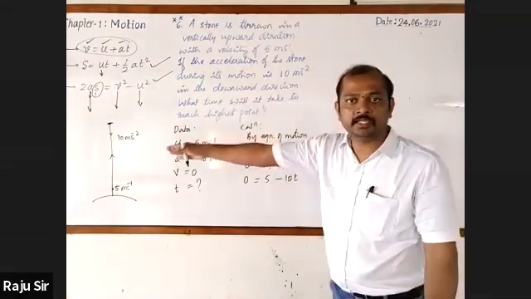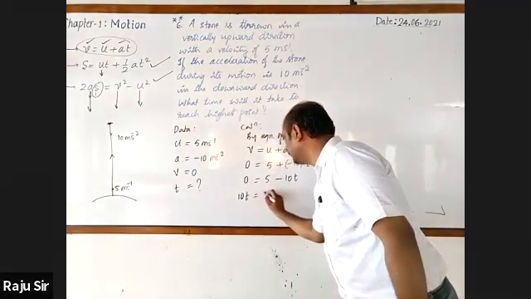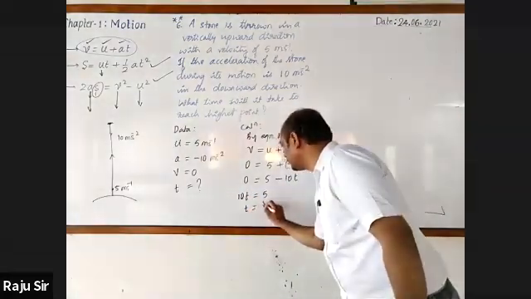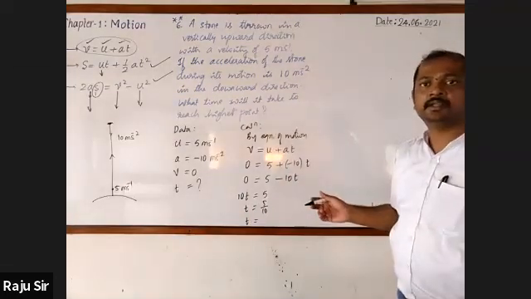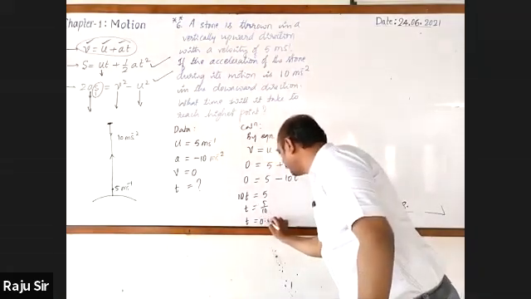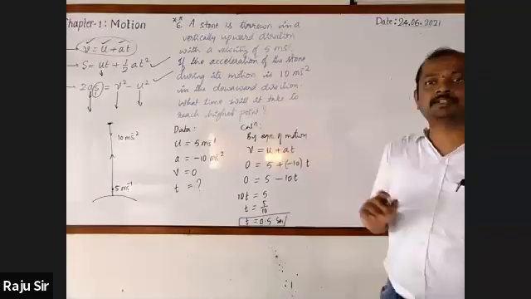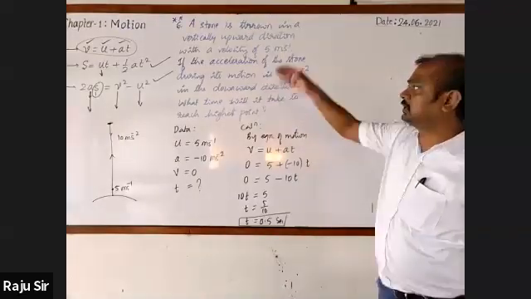Transfer minus 10t to the left hand side. It becomes plus 10t, equal to 5. t is equal to 5 by 10, which is nothing but 1 by 2, that is 0.5 second. Half a second to reach the highest point.